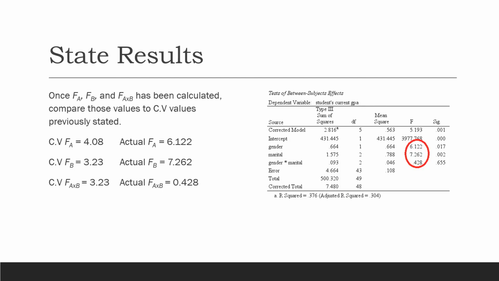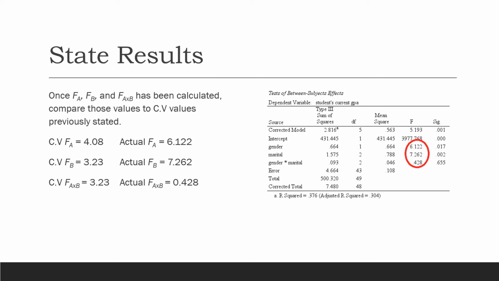Now let's talk about our results. We have now calculated our F sub A, F sub B, and F sub A times B, and we need to compare those values to our critical values. So our CV for F sub A is 4.08, and our calculated F sub A is 6.122, so that has exceeded.